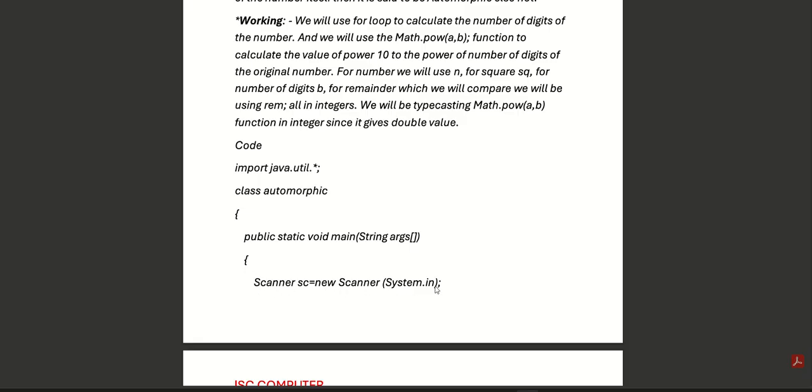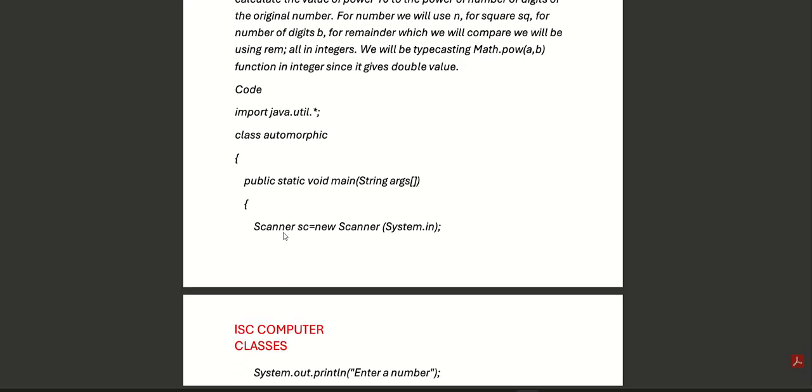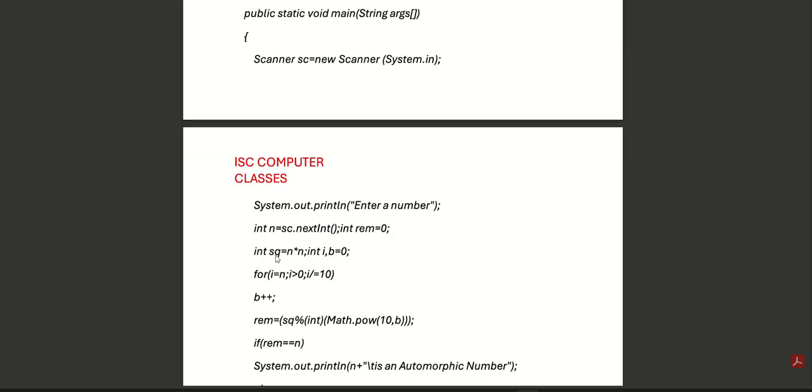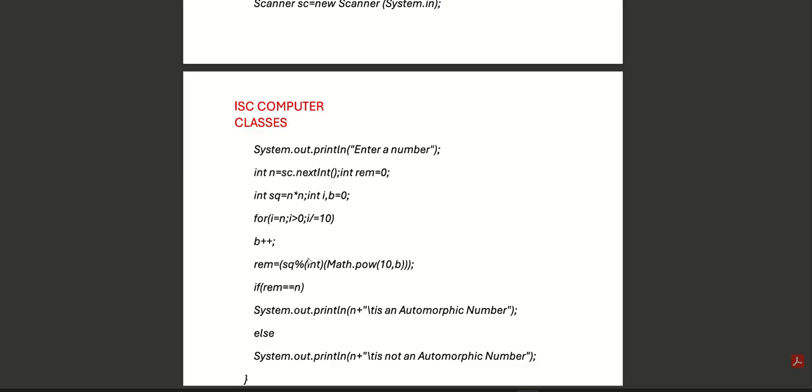Scanner sc is equal to new Scanner, declaring the scanner class object. Now printing a prompt for the user to enter a number. int n is equal to sc.nextInt, taking input in n, and int remainder, as we discussed earlier, we will calculate the remainder, initializing it with value 0. Square is calculated as n into n. int i for loop, and b is equal to 0 to count the number of digits.